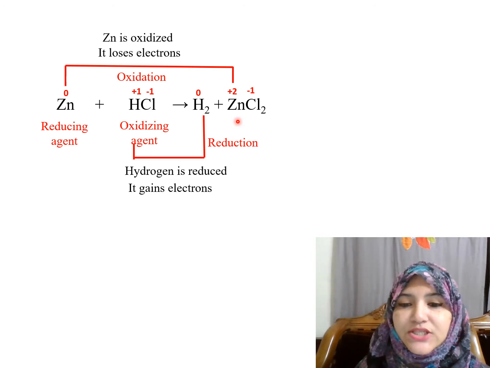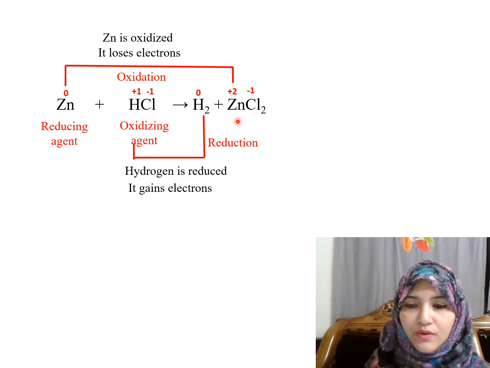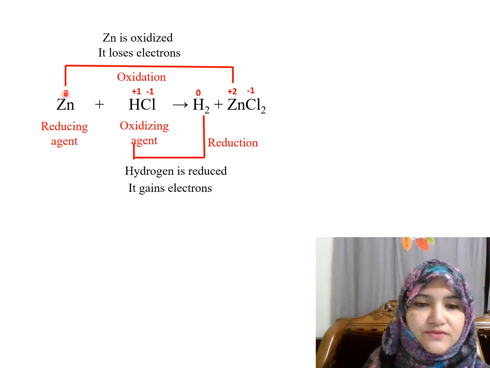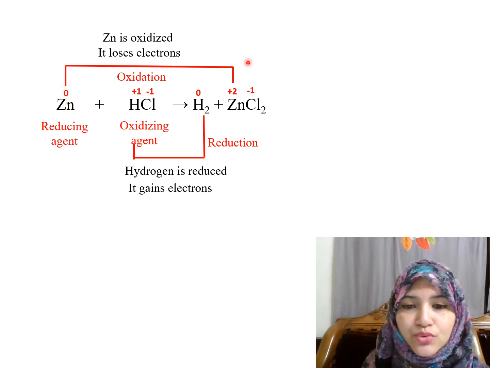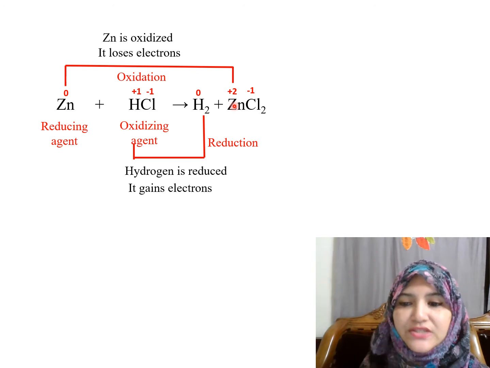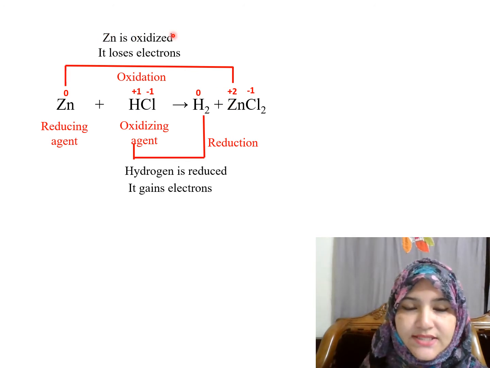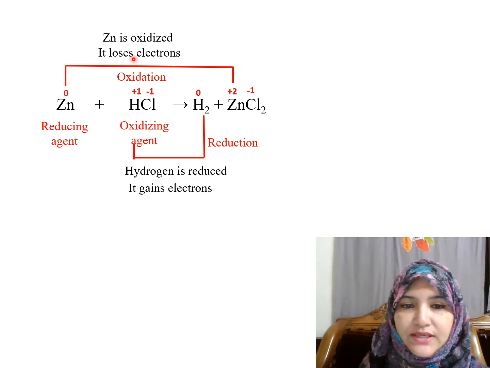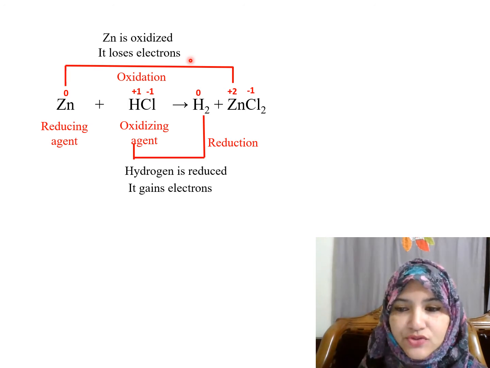Now the oxidation state of zinc changes from 0 to +2. So zinc is being oxidized, by losing 2 electrons.